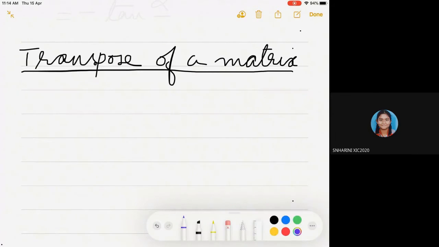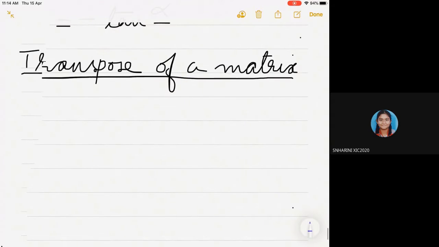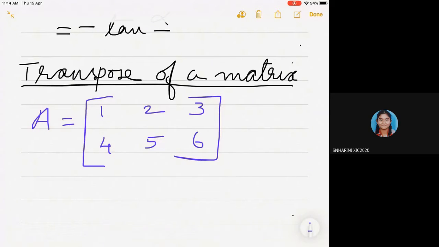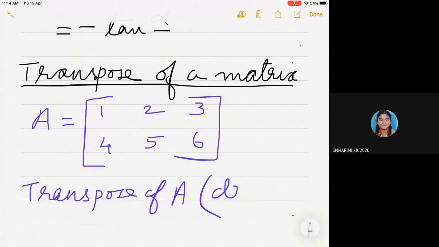Suppose A is, for example, with the example I will tell you, if A equal to the matrix 1, 2, 3, 4, 5, 6. Then transpose of A, which is denoted by, there is a special notation for that.